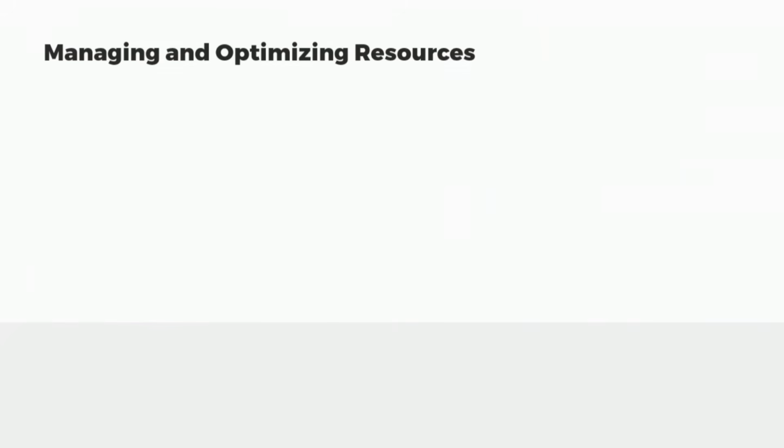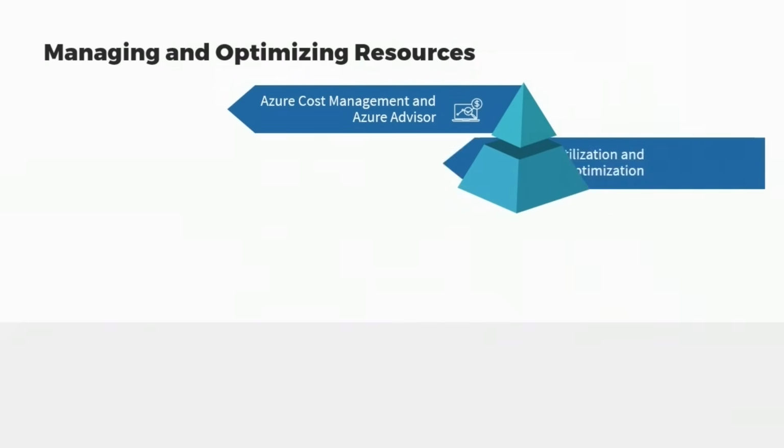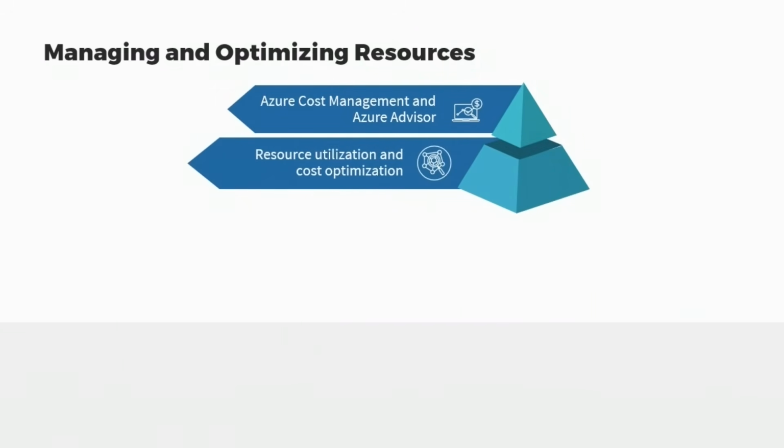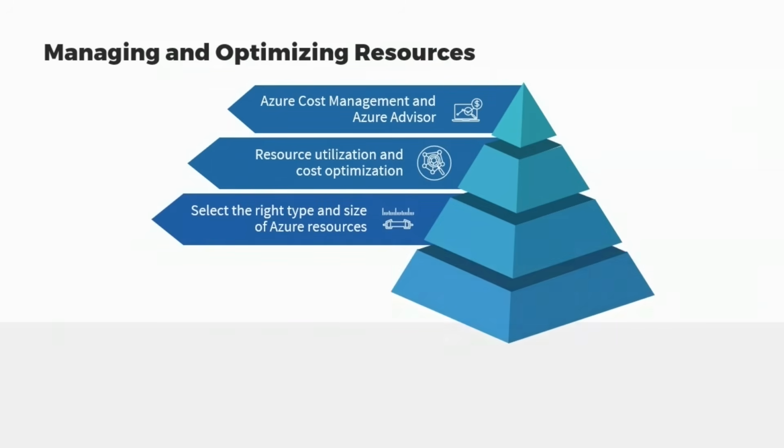When deploying generative AI models on Azure, managing and optimizing resources is key for cost-effective and efficient operations. Azure offers tools like Azure Cost Management and Azure Advisor, which provide insights into resource utilization and cost optimization opportunities. It's also crucial to select the right type and size of Azure resource based on the specific needs of the AI model to avoid over-provisioning.